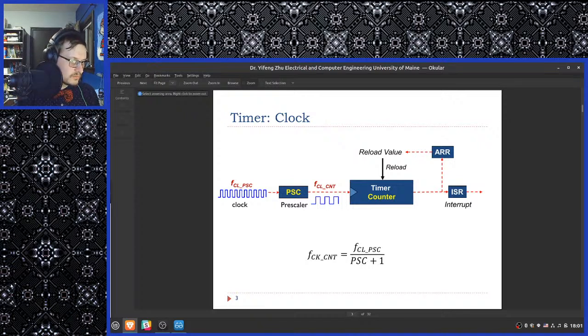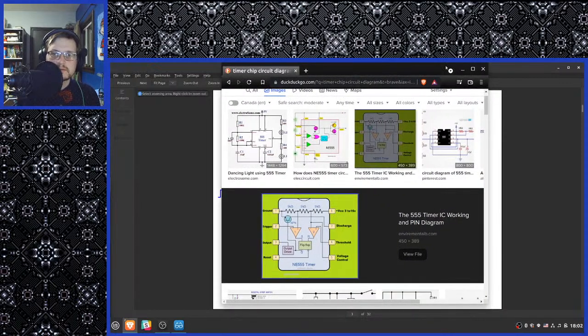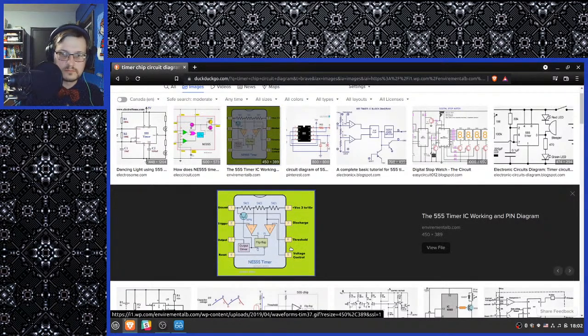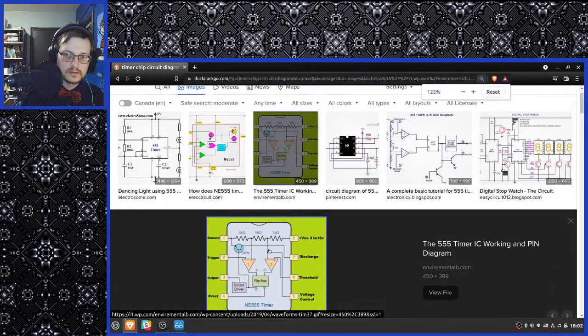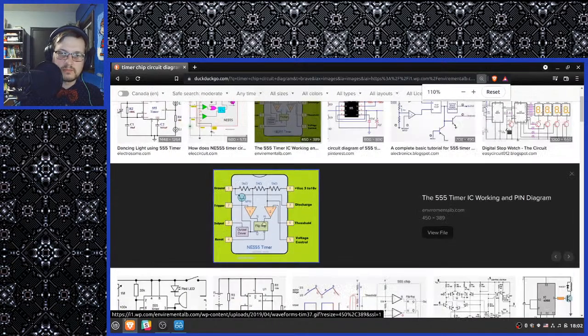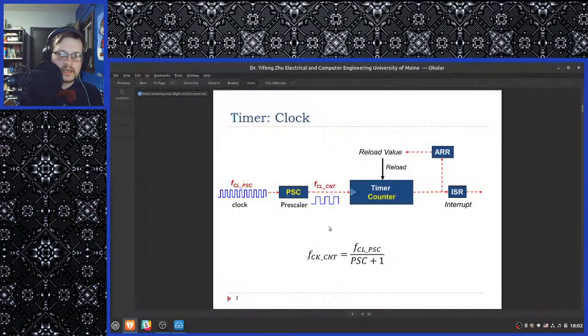This might be it right here. Yeah, so not very complicated at all. All it really is, is a flip-flop in the middle that you add 1 to every time the clock receives a rising edge.